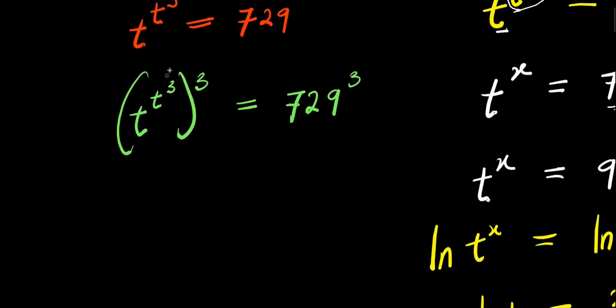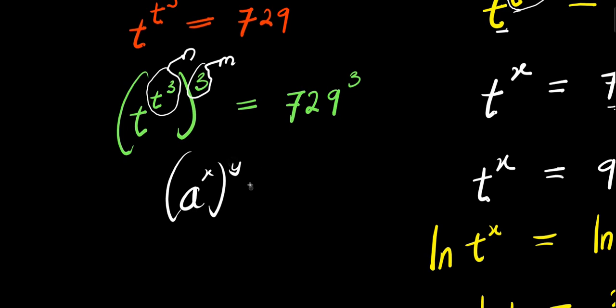Now, this will represent my n. This will represent my m. So I can easily switch the powers, because if you have a power x power y equals a power y power x, we switch the powers.